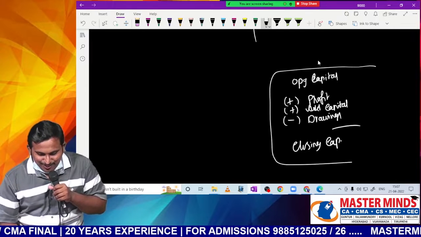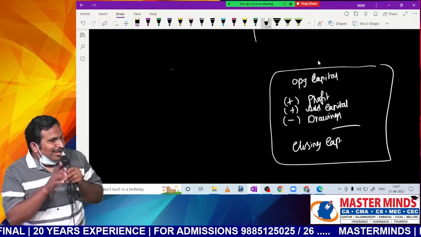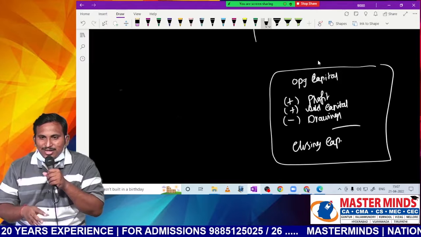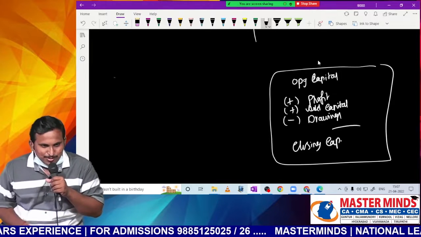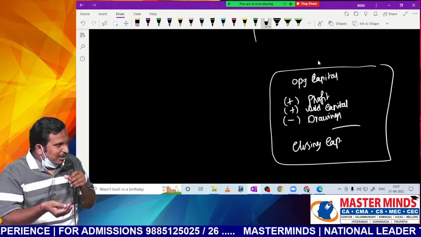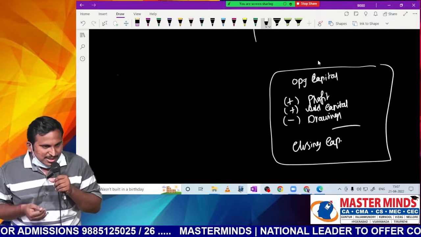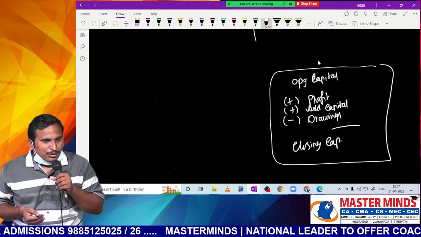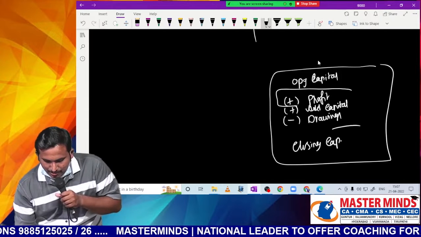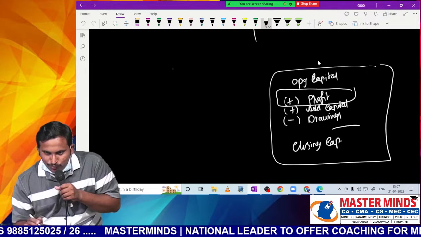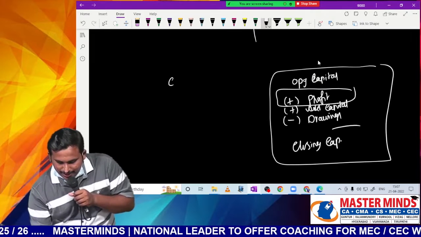Simply what you have learnt in your childhood, at foundation level itself, you might have learnt capital computation like this in partnership also a number of times. Opening capital plus profit plus additional capital minus drawings gives you closing capital. I'll just change the equation because I want to find profit. Can I write like this?